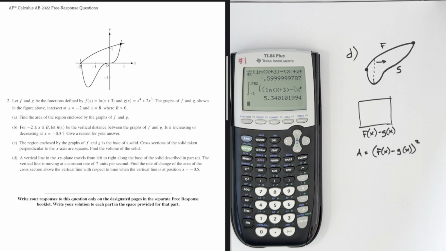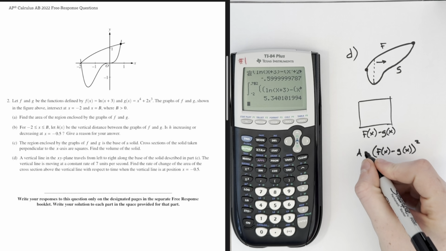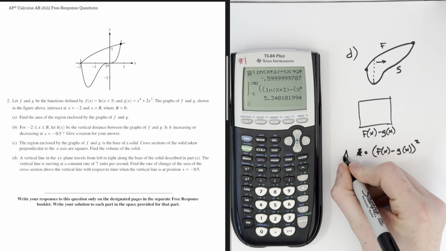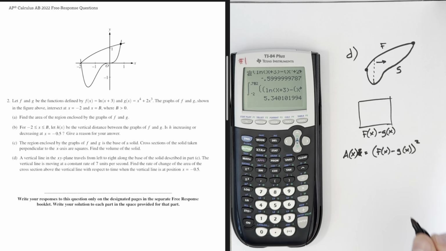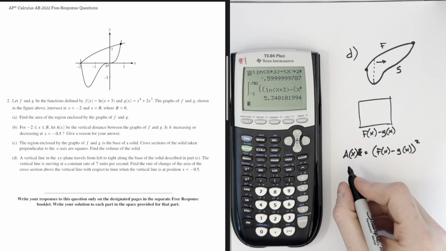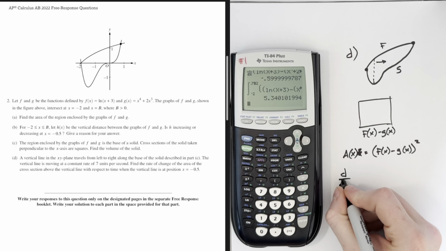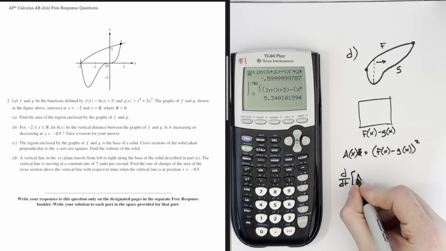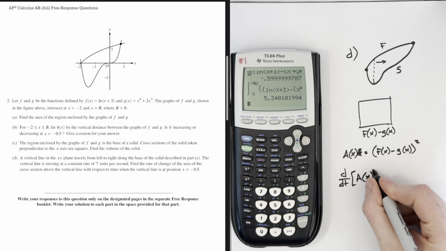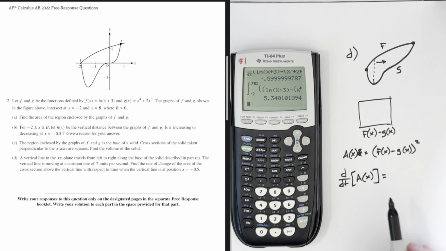Now it's saying that our X value is changing based on T. So I need to take the derivative of my area function with respect to time. So if I were to rewrite this as A of X, right? If I wanted to take the derivative of A of X with respect to time, I would need to think about this as an inner and an outer function.